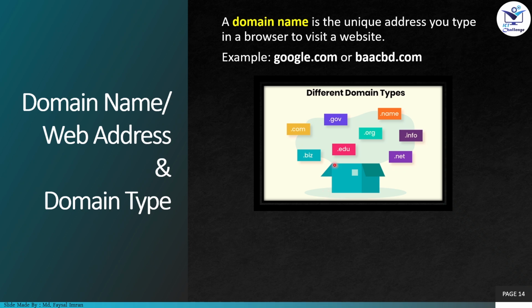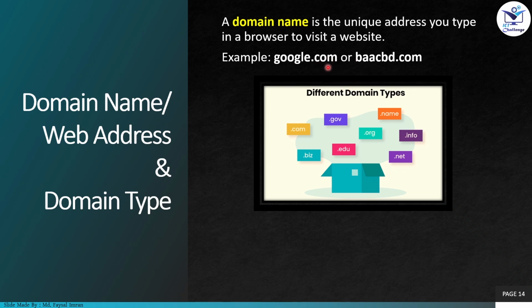Like if you search google.com, this is the name you searched, right? So this is called the domain name. If you search backberry.com, this is also a domain name, or you can call it a website address. Without this website address, or without this domain name, you can't find those websites on the internet, right? So that's why you need to know the domain name at first.